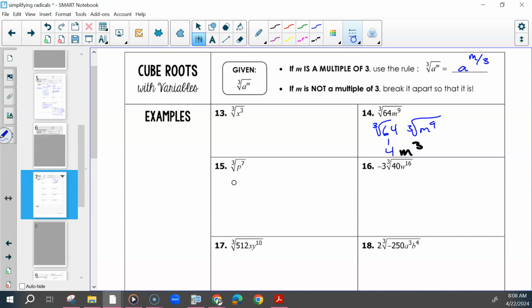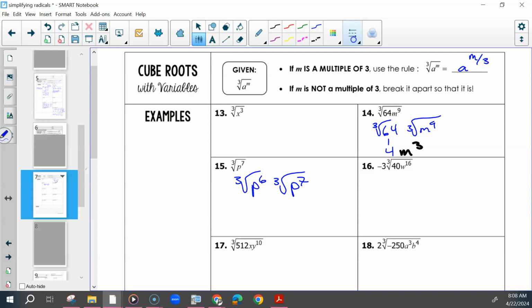But in 15, is 7 a multiple of 3? No. So you can think about how many times 3 would go into 7. 2. So I'm going to change that to the cube root of p multiplied. 3 times 2 would be 6. And then leave that one off. That would be a great way to break it down.